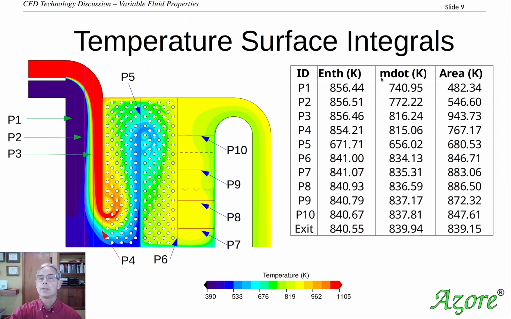The other methods depart from that, but as the mixture becomes more uniformly mixed, they progress toward the value of 840 degrees. That's what you would expect, and that's what your CFD tool is doing: it has the actual value, it's just how you integrate it.